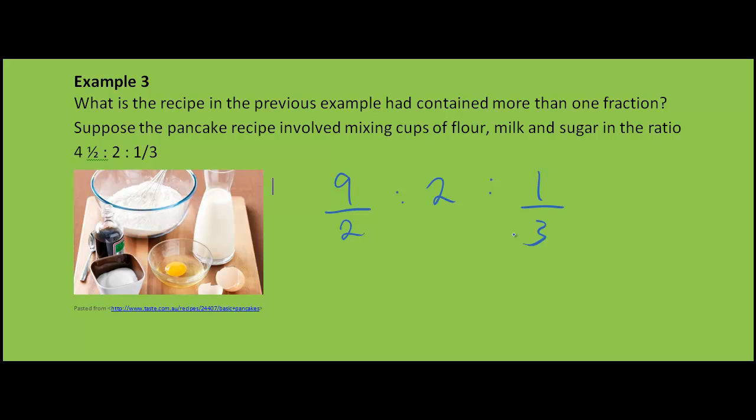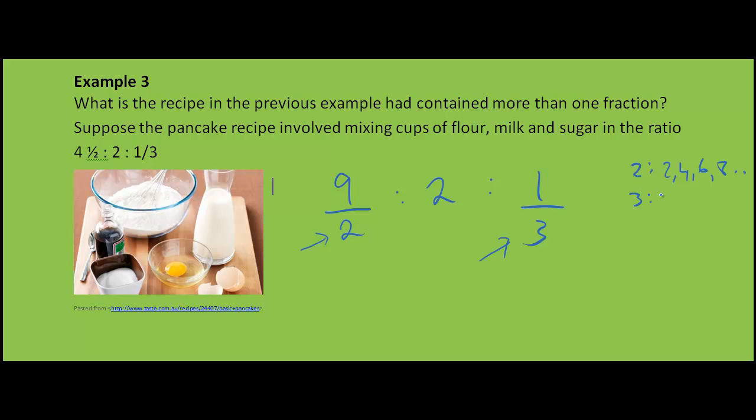To be able to write this ratio correctly using whole numbers only, this time we need to find a common multiple of the two denominators. So we have the denominator 2 and the denominator 3. What are some multiples of 2 and 3? Well, multiples of 2 are 2, 4, 6, 8, and so on.